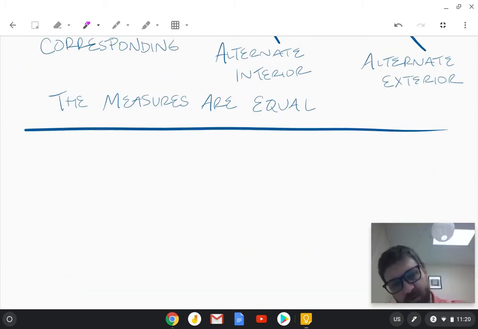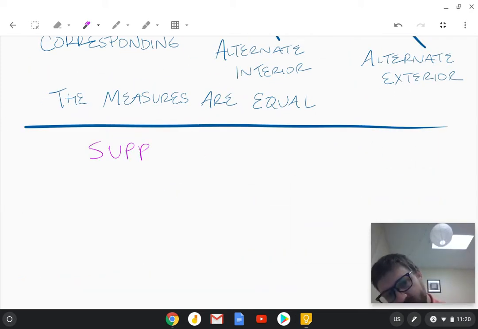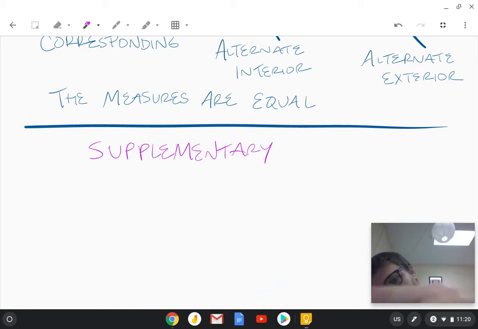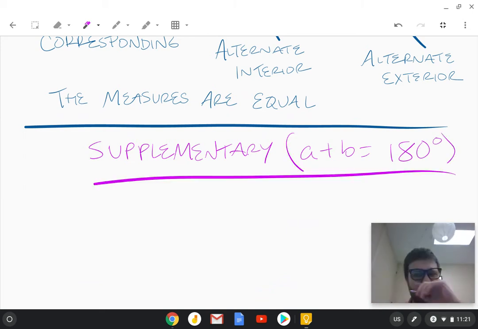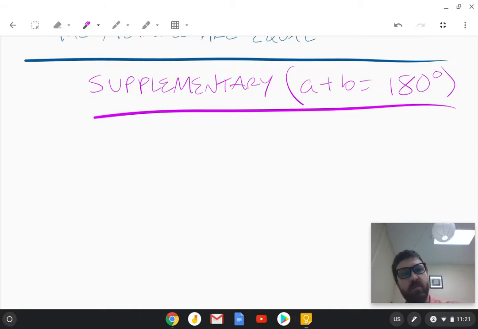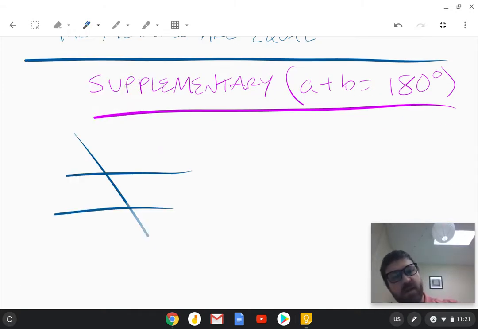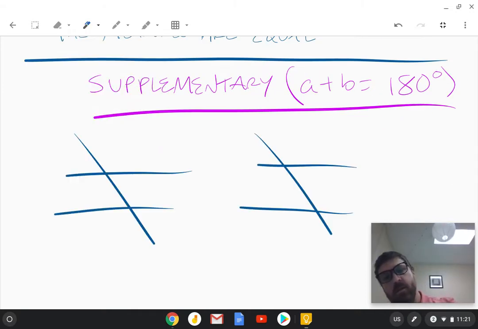There is another set of relationships that are supplementary relationships. Okay, remember, supplementary means you have 2 things that add up to 180 degrees. That's what supplementary means. So what are these supplementary relationships? Let me draw 2 diagrams. And it's really just the 2 we haven't done yet.